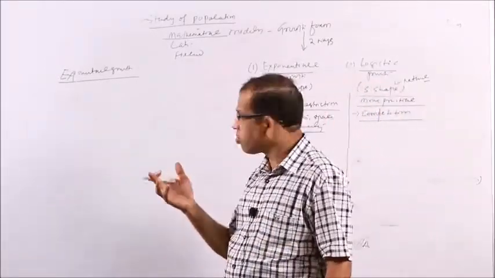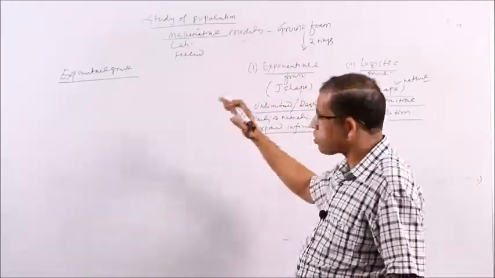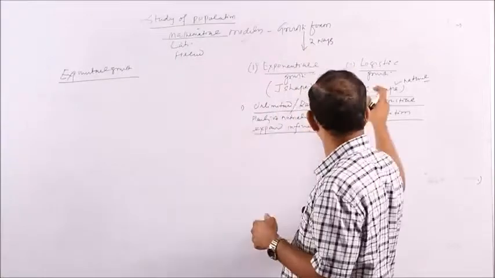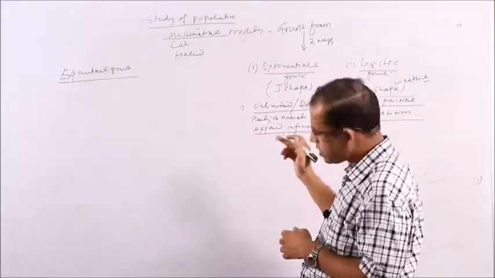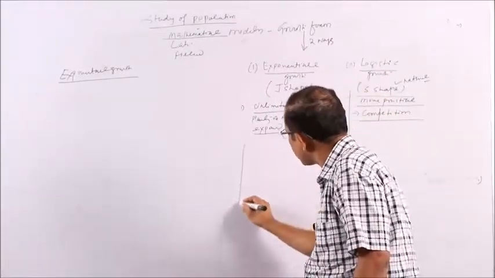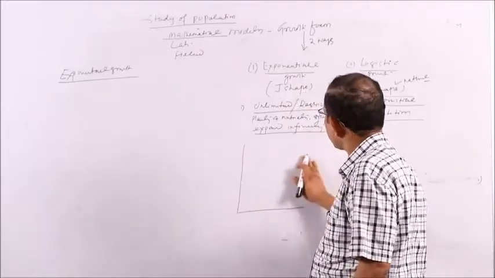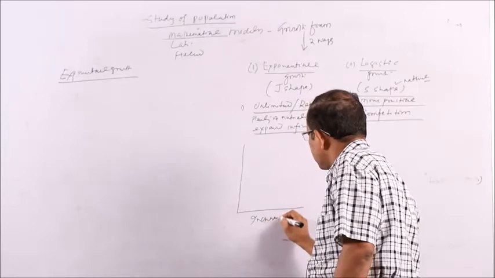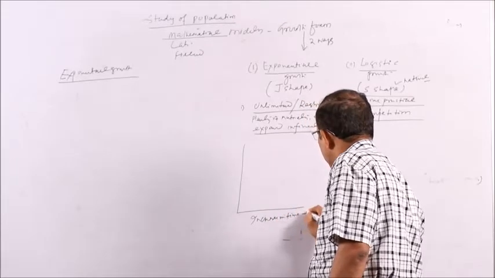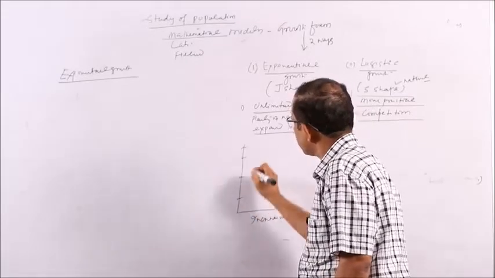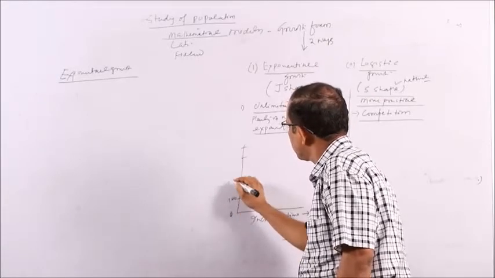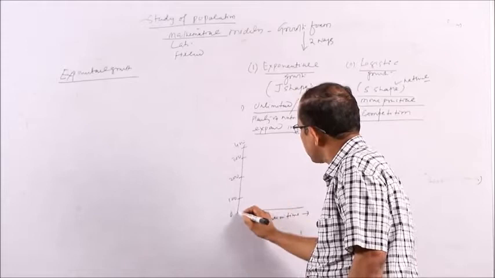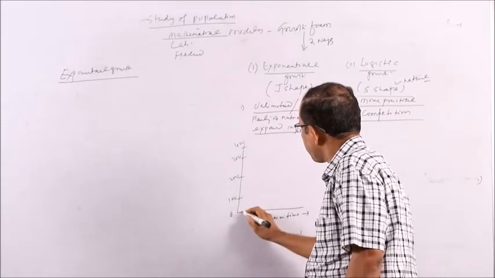So, the growth pattern will vary between exponential growth and logistic growth. Here you plot a graph taking time, that means with increase in time the population increases.